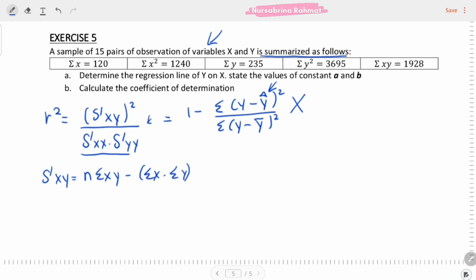A sample of 15 pairs, so this is your n. The sum of x, sum of x square, sum of y square, and sum of xy are already given. So we can simply substitute into the equation, then calculate it.